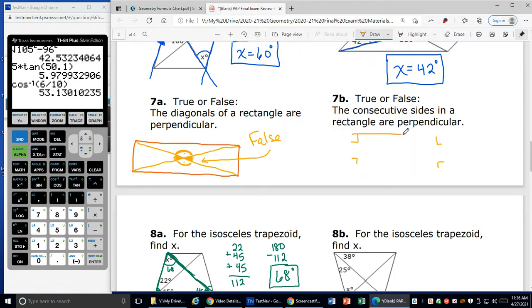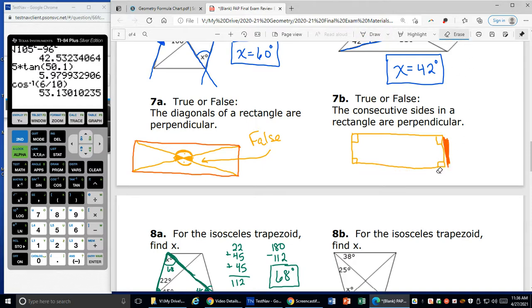Okay, what about if I do the right side? Is that also going to give me perpendicular intersections? So what if I'm looking at this side and let's say the bottom? Those are consecutive sides. They're next to each other. Are they going to be perpendicular? Well, yes, they are.